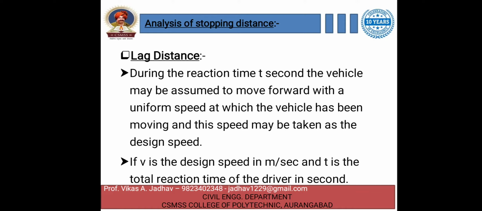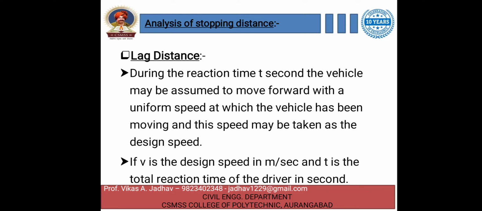During the reaction time t, the vehicle may be assumed to move forward with the uniform speed at which the vehicle has been moving, and this speed may be taken as the design speed. When we have to find the lag distance, consider the reaction time is t and the vehicle is moving at the design speed.